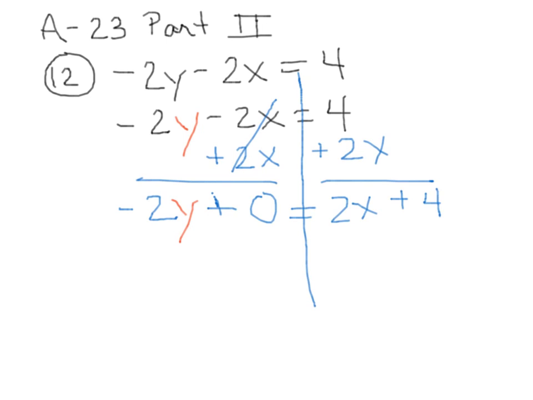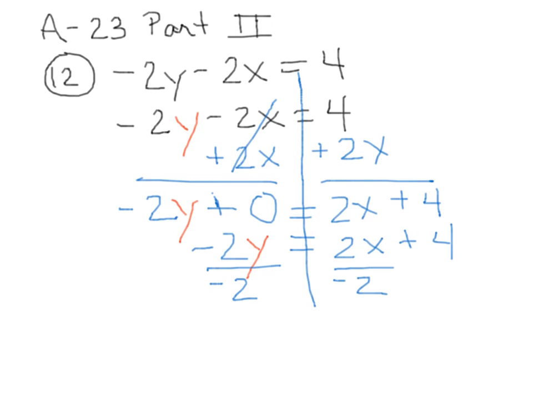So that's going to give us a negative 2, and once again, y, and that's what we want to isolate, is equal to 2x plus 4. So I can see the only thing holding me back at this point is that negative 2. I'm multiplying that negative 2 by y, so to get rid of that negative 2 that I'm multiplying y with, I'm going to divide every single term by a negative 2.